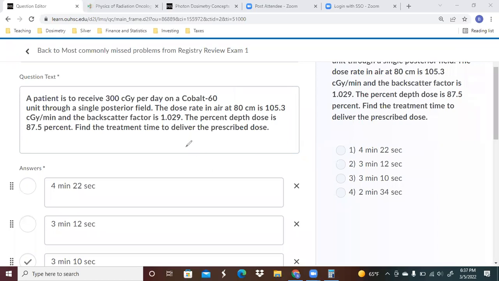Now, let's chart all of this out because otherwise it gets a little confusing. Remember that the whole reason we have a backscatter factor is that we're trying to correlate dose in air to the same point in a phantom at the depth of maximum dose.